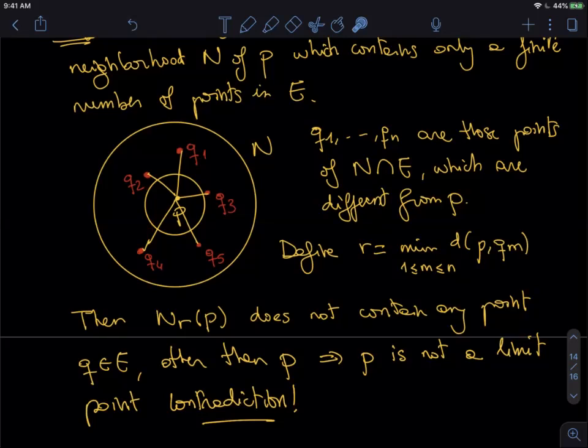But if we have infinitely many points, the infimum could be 0. So this is important: the minimum is different from an infimum. When we have a minimum, it's better because that means we have a finite number of choices, and that usually makes proofs a little easier.